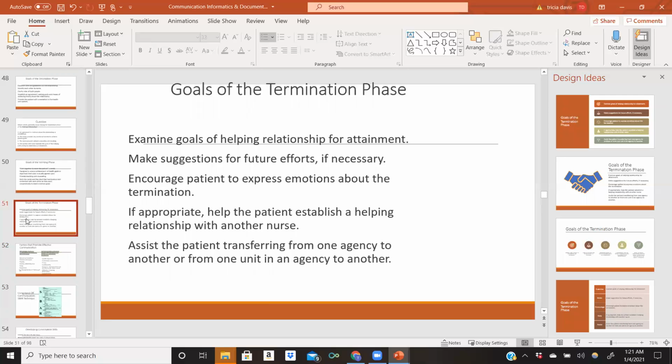It can happen when the patient has been healed and they're no longer needing the services of a hospital and they become discharged, or when a nurse takes a vacation or employment somewhere else. At this point, you examine with the patient the patient goals of the helping relationship for indications of their attainment or for evidence of progress towards meeting their goal.